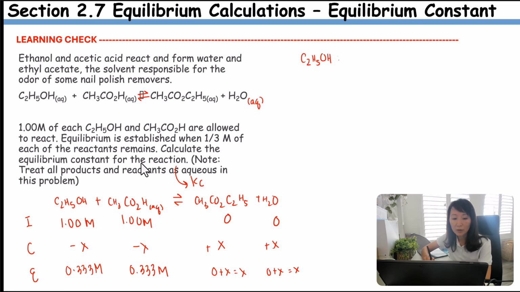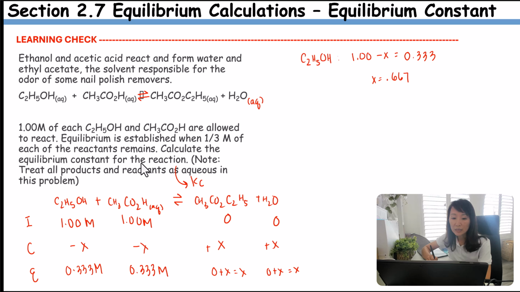If we want to solve for x, we know that initially it was at 1.00 minus the x, we don't know what that x is, and that ended up being 1/3 of the 1. So if you were to calculate this out, you would get approximately 0.667.